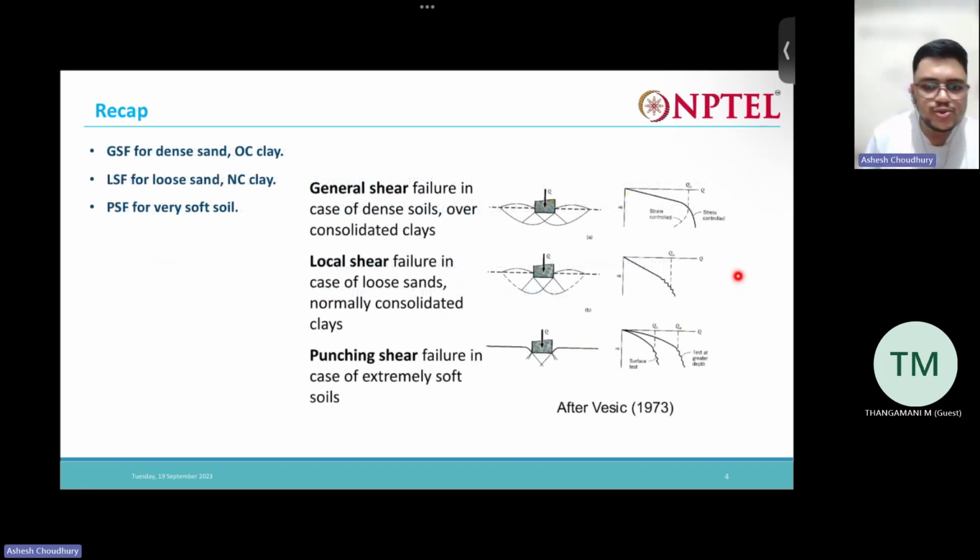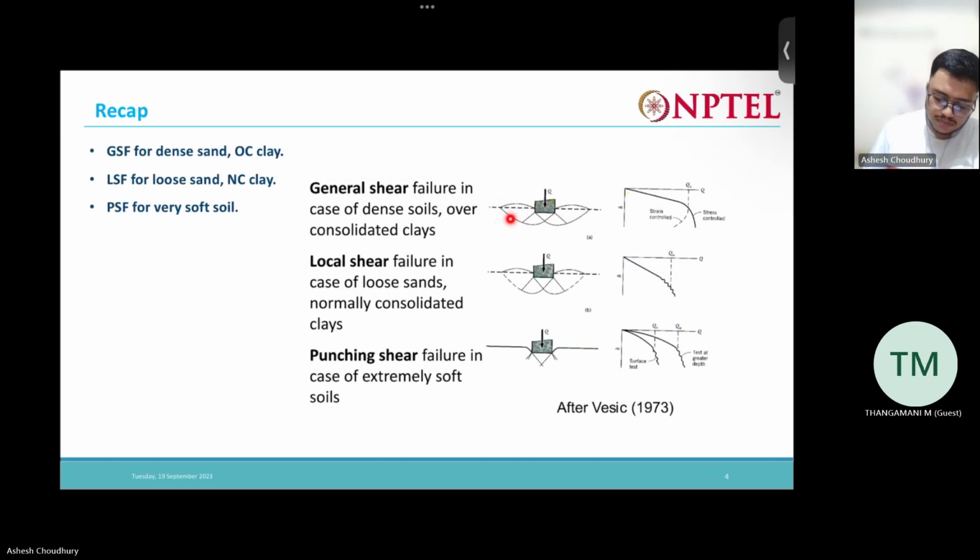Now, this we have already discussed previously, so we will just recap. Generally there are three modes of failure, right? The general shear failure, local shear failure, and punching shear failure. So in general shear failure, what happens? There are clear shear failure surfaces in the soil, and good ground heaving is seen.